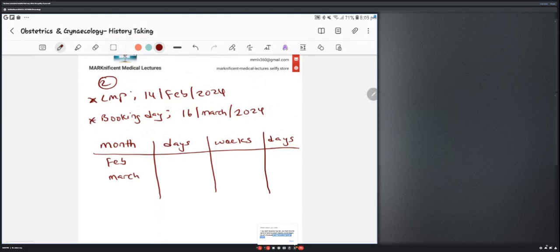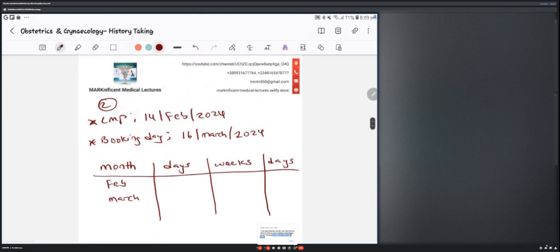So February was 14, but this year's February was 29 days. So you subtract 14 from 29, and we'll have 15, right? For March, you write the exact date, which is 16.